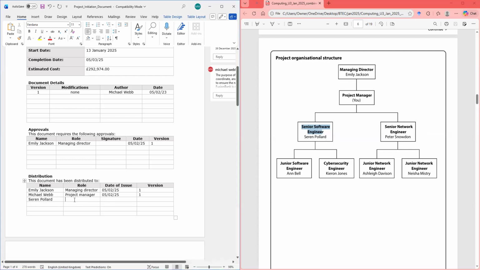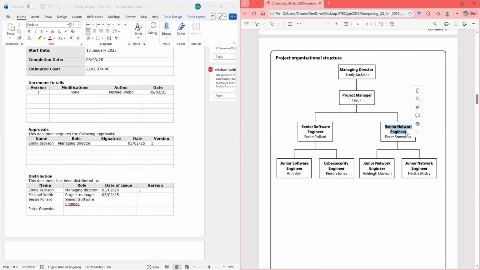Copy that here. All right, she's senior software engineer. I also need Peter Snowden. He's a senior network engineer.